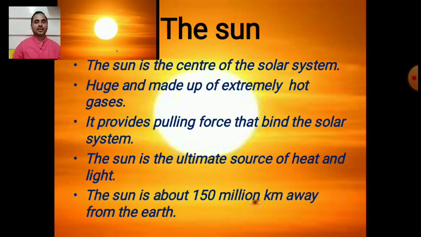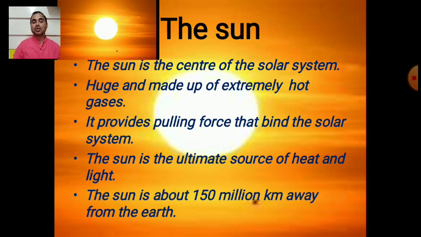Do you know, the Sun is also the ultimate source of heat and light. Another interesting fact about the Sun: do you feel hot in summer? Yes, of course you may be feeling hot. Do you know the distance of the Sun from the Earth?